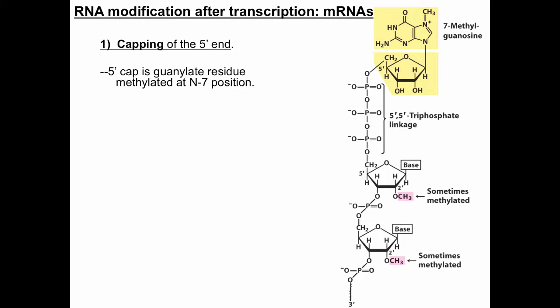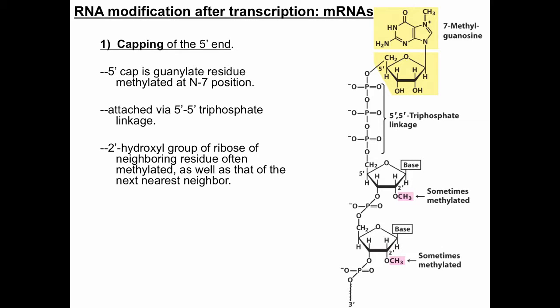A lot of times this 5' cap is added. It's a 7-methyl guanosine that's attached by a 5' to 5' triphosphate linkage. The hydroxyl group of the riboses of neighboring residues are methylated, and together this 5' cap helps to prevent the mRNA from degradation by exonucleases.